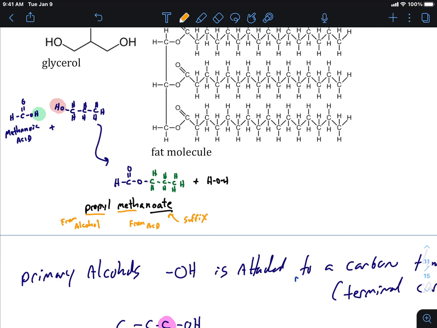Your esters are the cause of many scents, and scents are the backbone of flavors. So something as simple as a Jolly Rancher's cherry candy, right? Or a Mountain Dew, or any kind of food product you're developing, you're going to have some kind of flavoring added to it. Granted, if you're doing this in a lab, this is an artificial flavor, but these are actually made in nature as well.